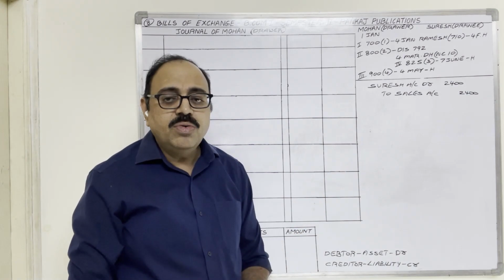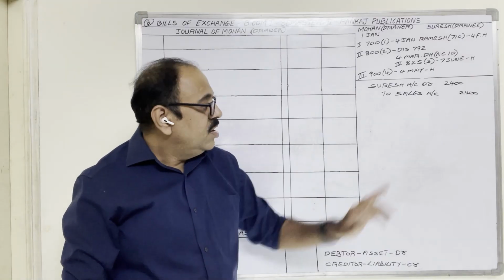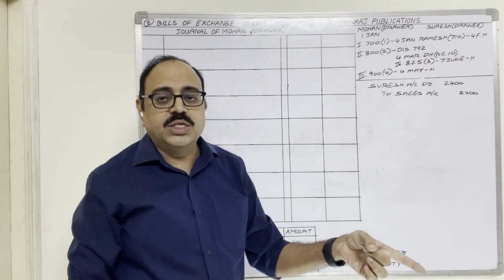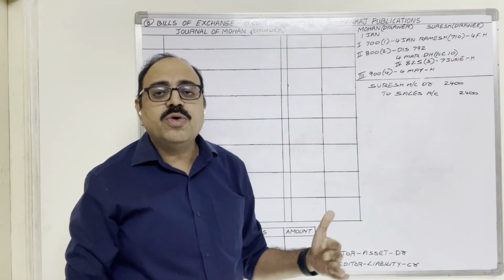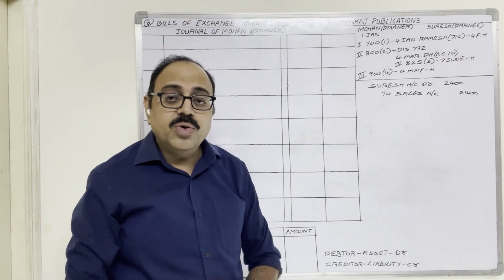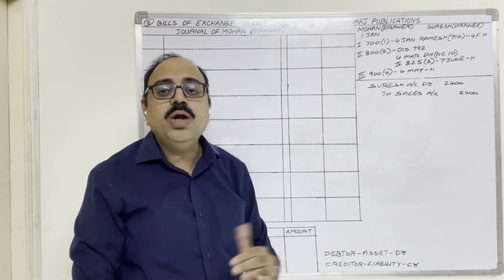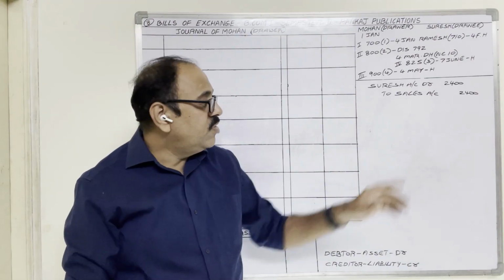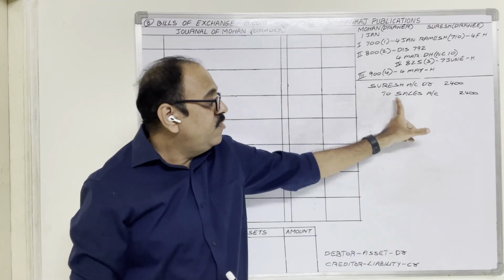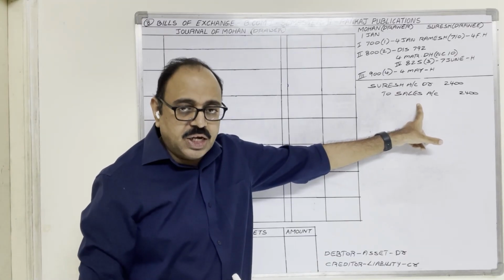Suresh is a receiver now, therefore Suresh account is debited. Why is sales account credited? Mohan is giving goods to Suresh. So from Mohan, goods are going. Goods are an asset, a real account. Real account rule: debit what comes in, credit what goes out. Goods are going now, therefore we have to credit the goods account. Instead of writing the word goods, we write the transaction name, that is sales account.